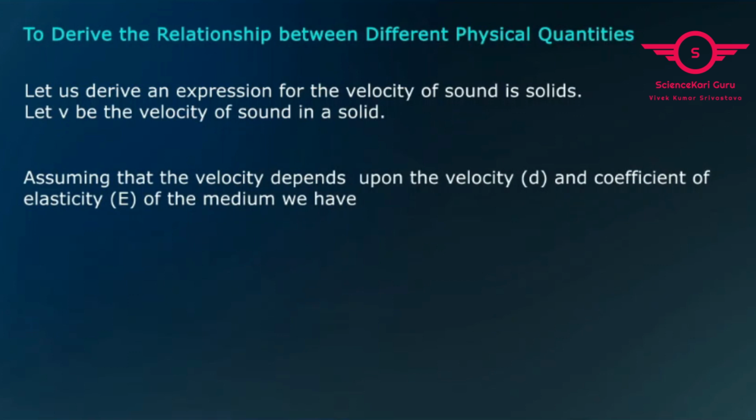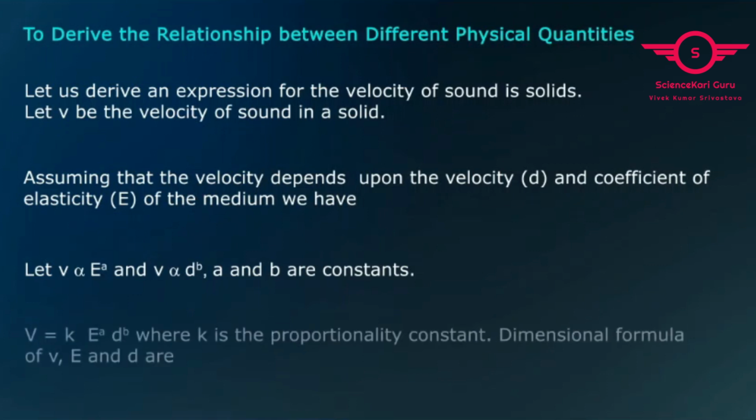Assuming that the velocity depends upon the density d and the coefficient of elasticity E of the medium, we have let v directly proportional to E power a and v directly proportional to d power b. a and b are constants. v is equal to k E power a d power b, where k is the proportionality constant.